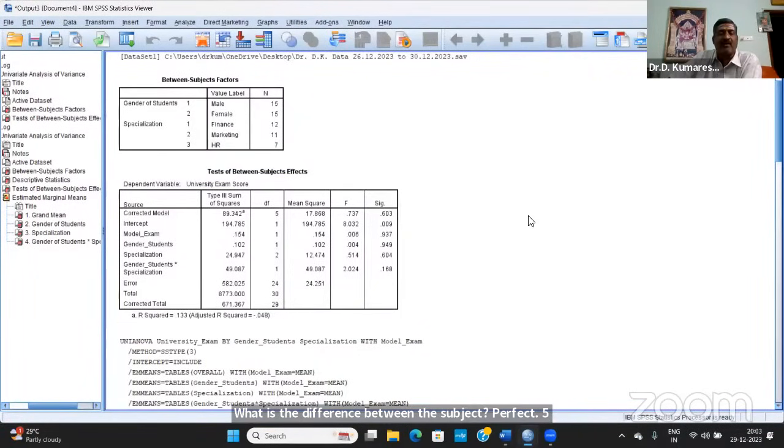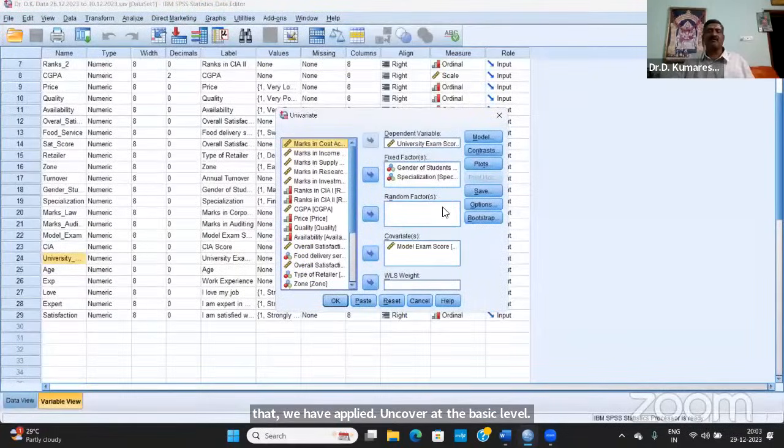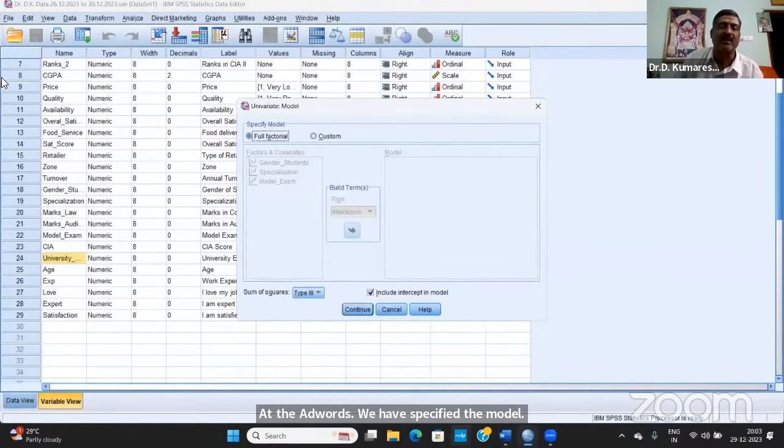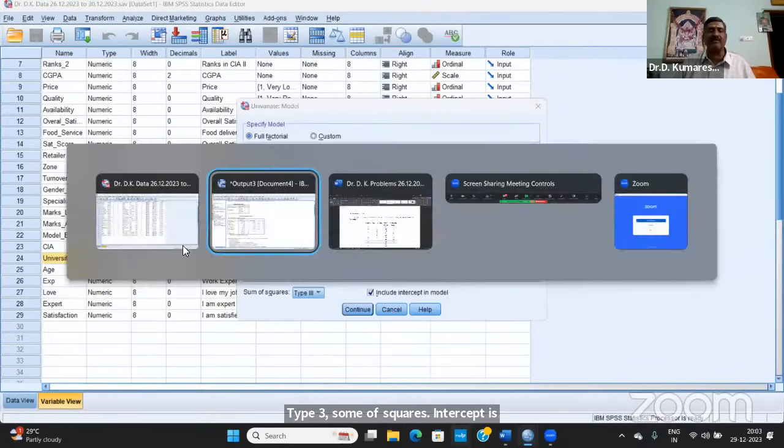For that, we have applied ANCOVA at the basic level. At the advanced level, we have specified the model. It is selected in default, full factorial model. Type 3 sum of squares. Intercept is included in the model.